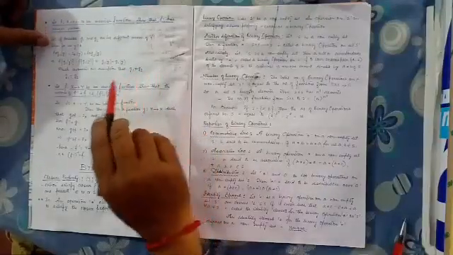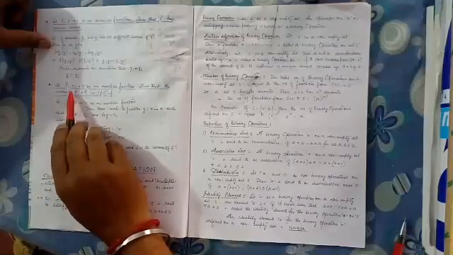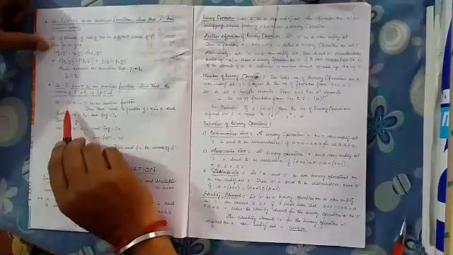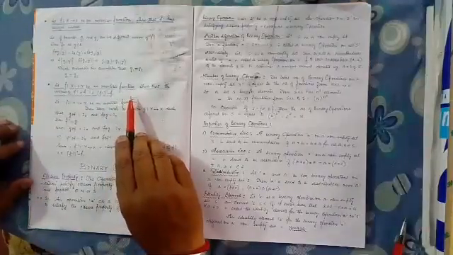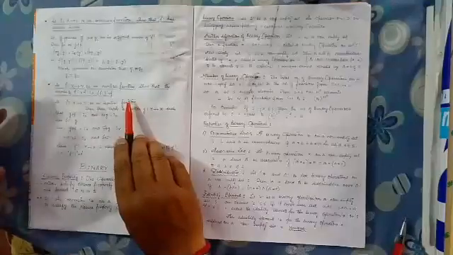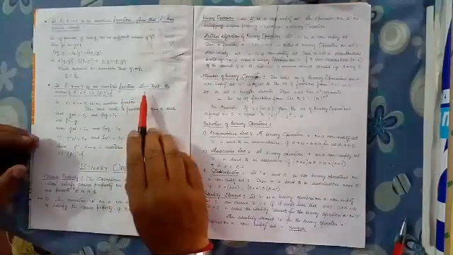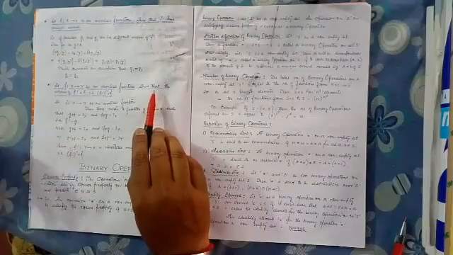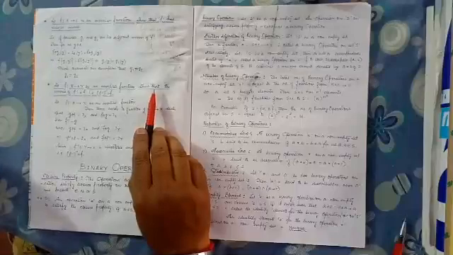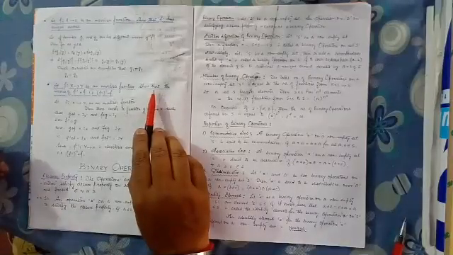Next, another theorem. Let f be a function from X to Y, an invertible function. Then we have to show that the inverse of the inverse, that is, the inverse of f inverse, is equal to the original function f.